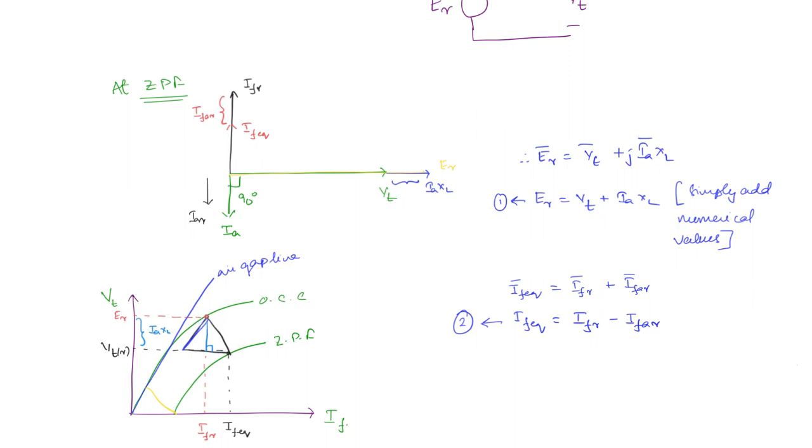Okay. So now this entire part is IF equivalent and this part is IFR. So then what is the remaining part? This is equal to IFAR. So this is IFAR. Okay. So that is how this part is going to become the armature reaction in terms of the MMF.